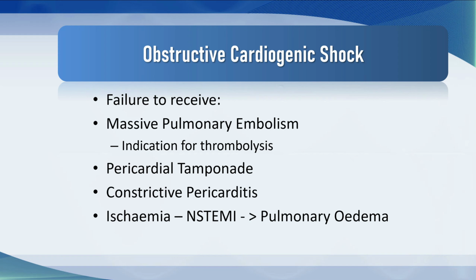Massive pulmonary embolism, pericardial tamponade, constrictive pericarditis, and in some situations with ischemia where the patient has a non-ST segment elevation MI, the heart becomes very non-compliant and the patient develops pulmonary edema without having particularly high pulmonary arterial pressures.